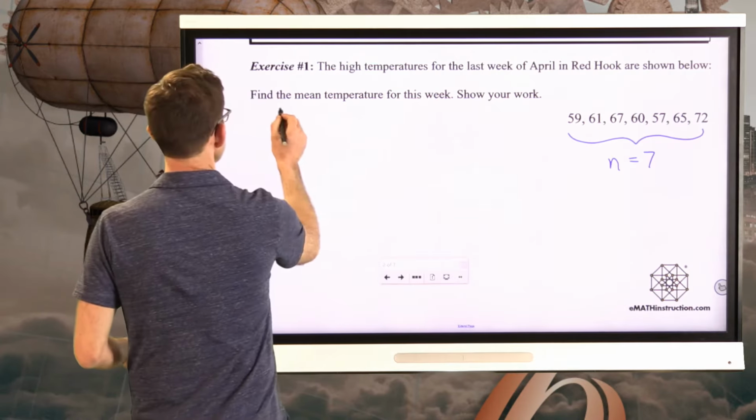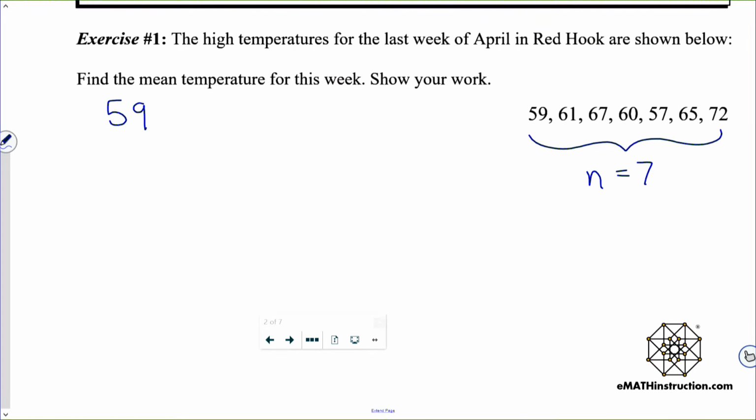Now I find adding numbers a lot easier if I've got them stacked vertically. So I'm going to have 59, 61, 67, 60, 57, 65, and 72. All right, so I just need to add all of these up. Simple enough. So we've got 5 plus 2, which is 7, plus another 7 is 14, plus another 7 is 21, plus another 1 is 22, plus 9 is 31.